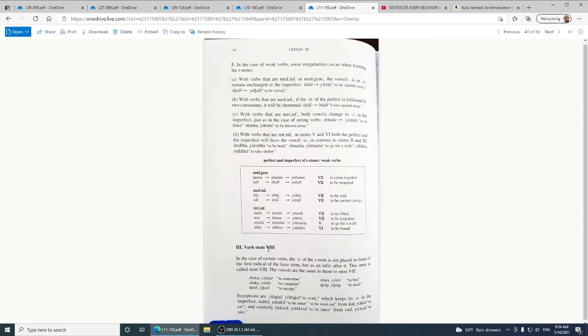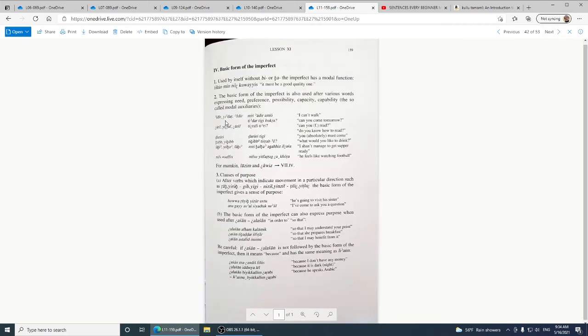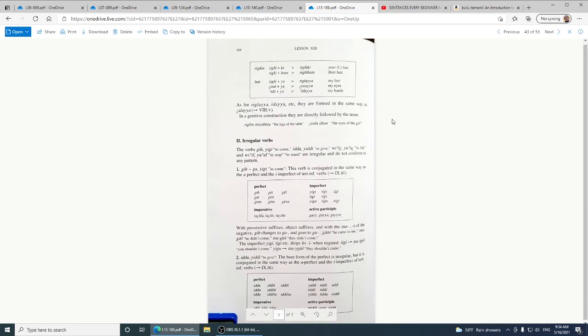Stem 8, for example, ibtada, also belongs to this part, and it also gives a detailed explanation of the imperfect for these stems. And there is also a section, lesson 13, a special section, on some of the irregular verbs, including gi, ga, yigi, and iddu, iddi.